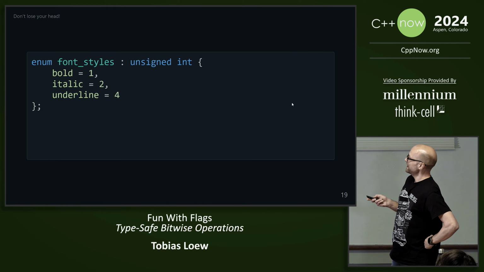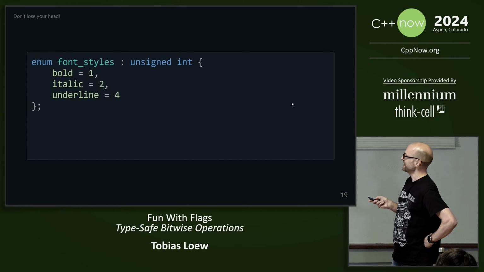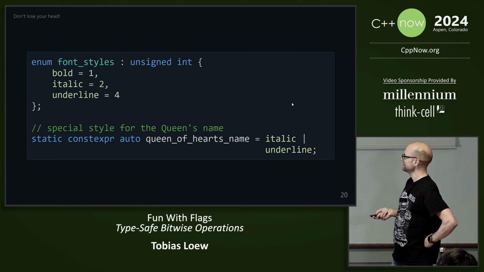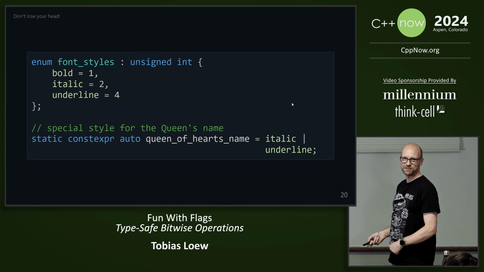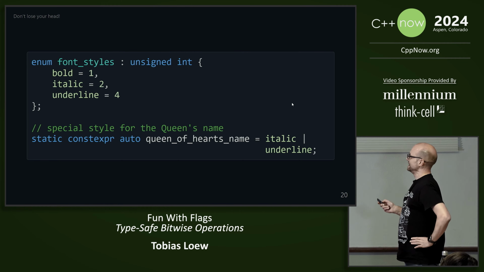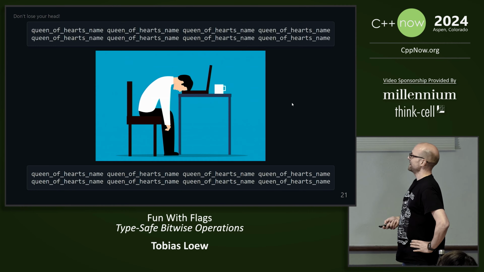So they also had a font styles enum with bold, italic, and underline, and there was a special style for the Queen's name called QueenOfHeartsName, which always had to be used for the Queen of Hearts' name.